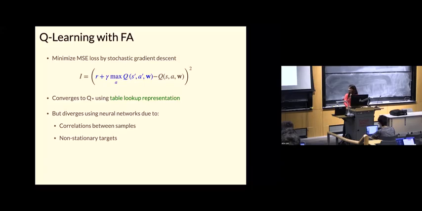The first is what your colleague said, that the target changes over time. So the target essentially is non-stationary, right? Because as you train your network, the Q of the next state and action also changes. So you are essentially chasing your tail, and this causes the gradient descent to diverge.